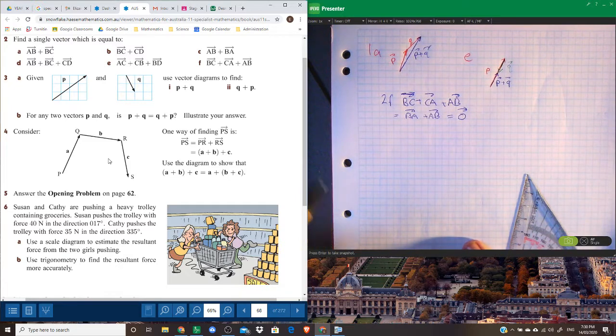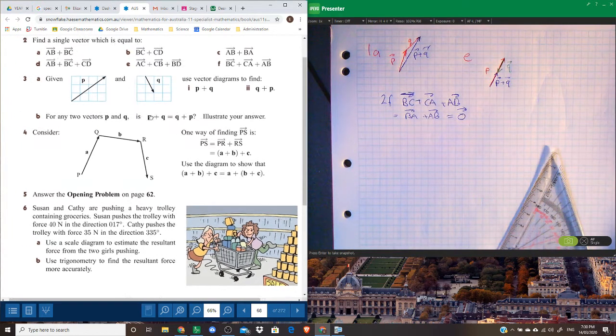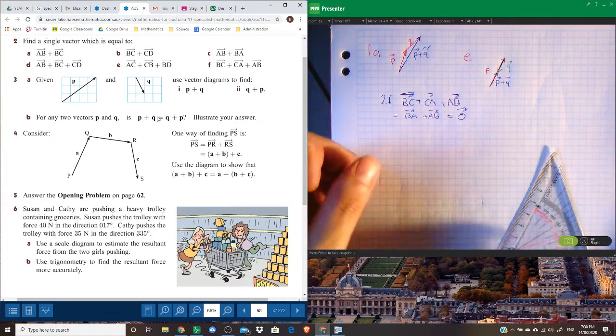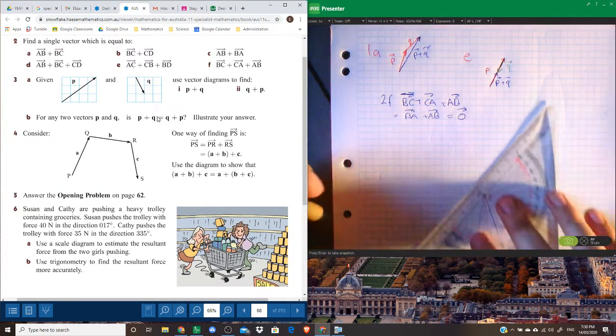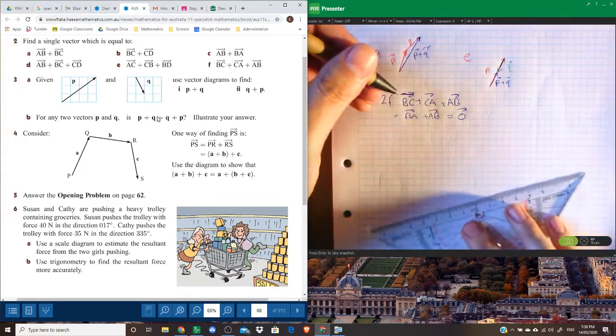All right. And just point out 3B is true. You can draw it 2 ways. So if I drew any 2 vectors, I'll do 3B.